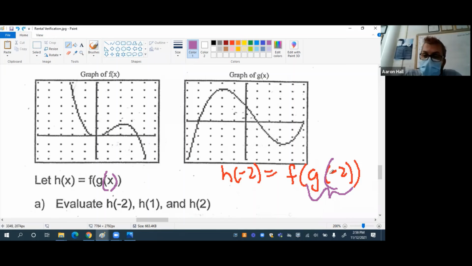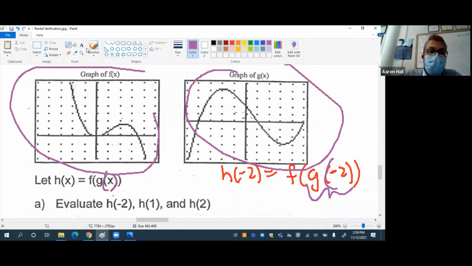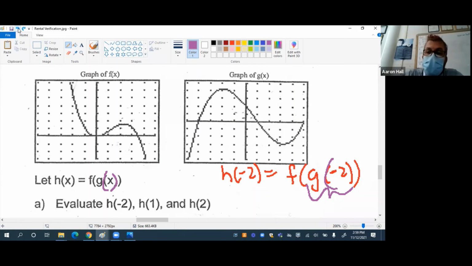Now I'm trying to find g of -2, so which function do I use, the first one or the second one? The second one. So for the second one, this is my x-axis right here, I'm going to go over 1, 2. Is that about where -2 is? What's the y? 1, 2, 3, 4. Yeah, it looks like it's 4 to me.